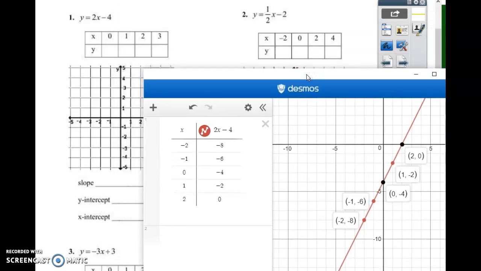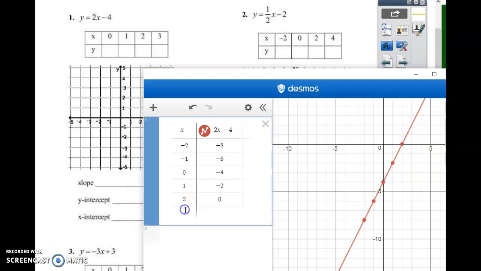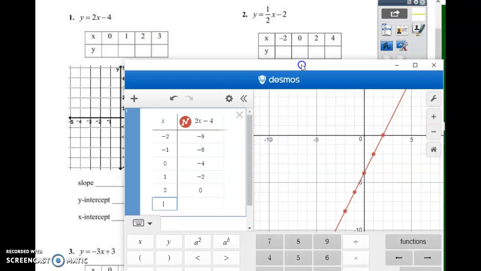Okay, so on this table, I need 0, 1, 2, and 3. So what does 0 give me? No, 0 gives me -4. What does 1 give you? -2. And what does 2 give you? 0. Now, all I need is 3. So if you click right here, you can add a 3.